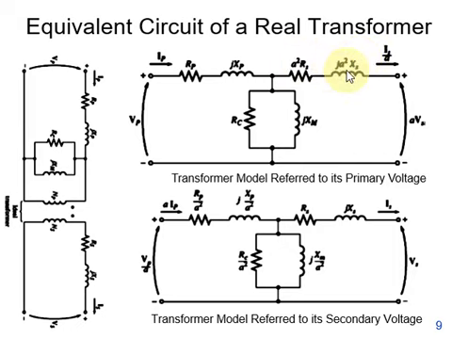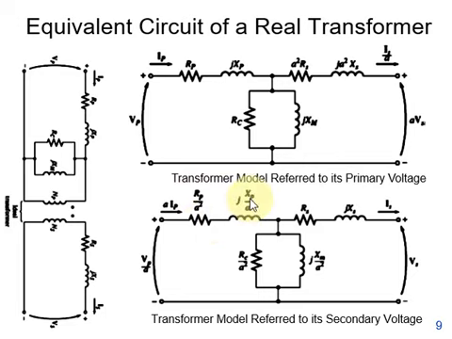But if the transformer model is referred to its secondary voltage, then it would be divided by a square, because we are referring to the secondary side.